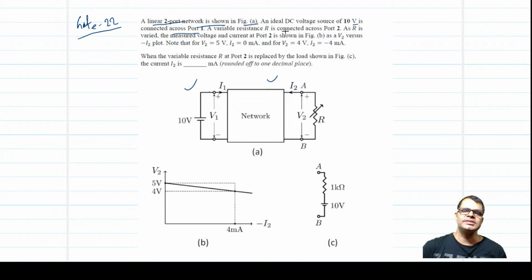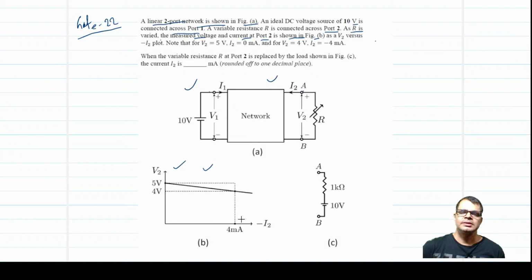A variable resistance R is connected across port 2. As R is varied, the measured voltage and current at port 2 are shown in figure B, this one. It tells that the measured voltage V2 and I2 have a relation like this when R is varied.